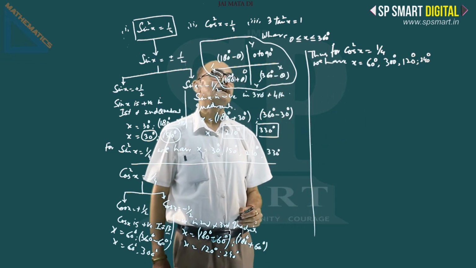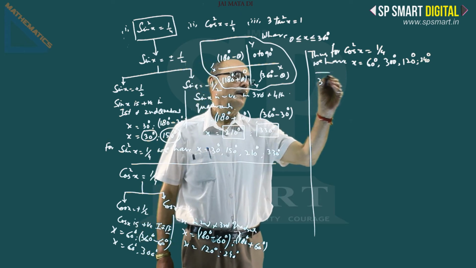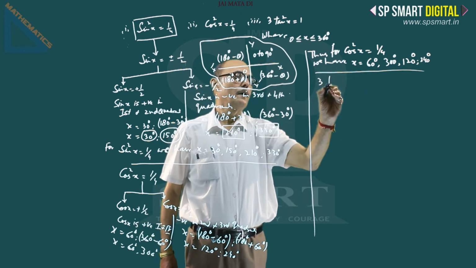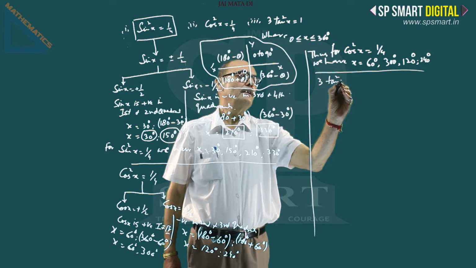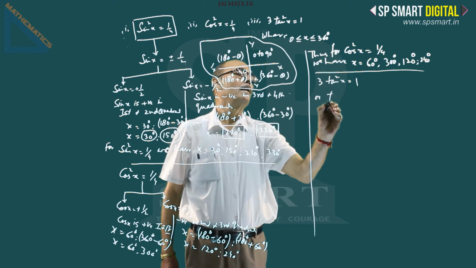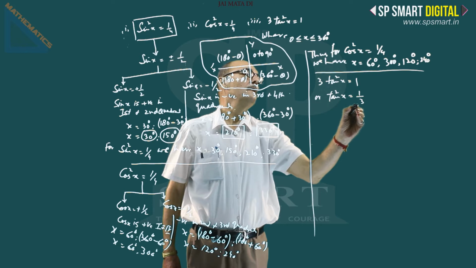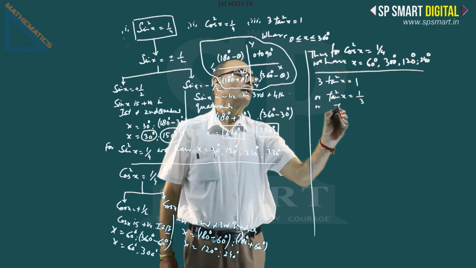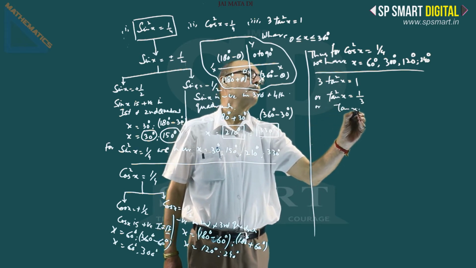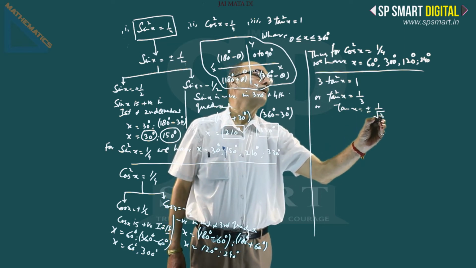Similarly, we can solve the third problem. 3 tan square x equal to 1 or tan square x equal to 1 by 3 or tan of x equal to plus minus 1 by root 3.